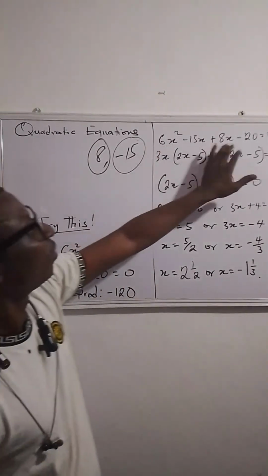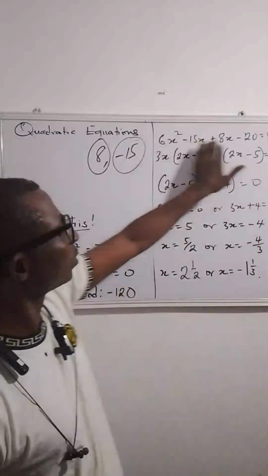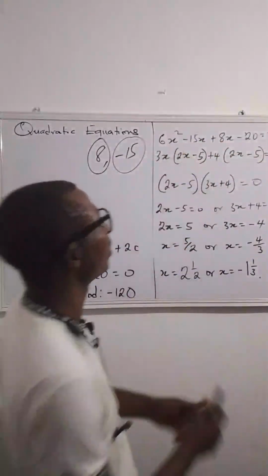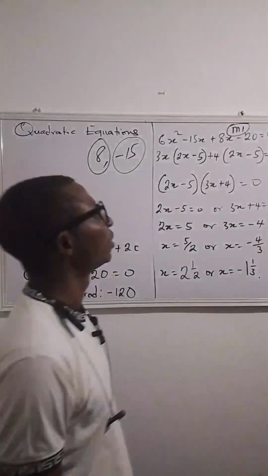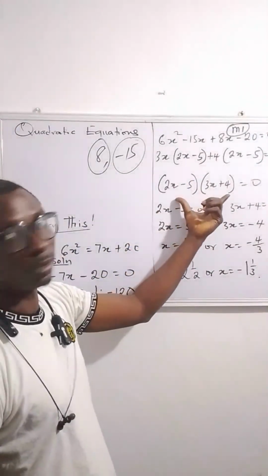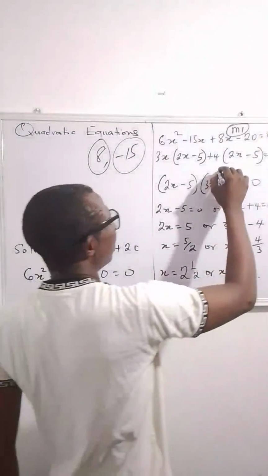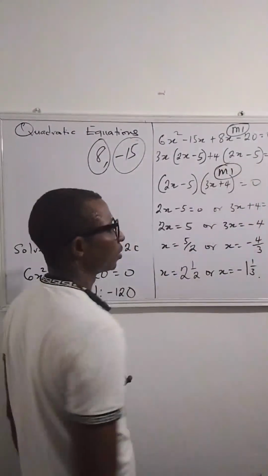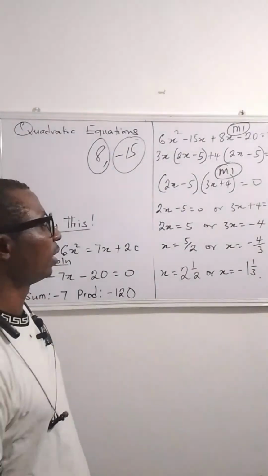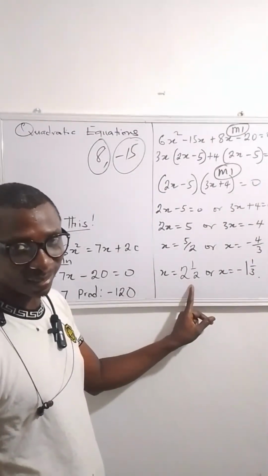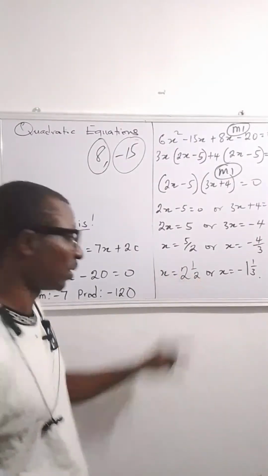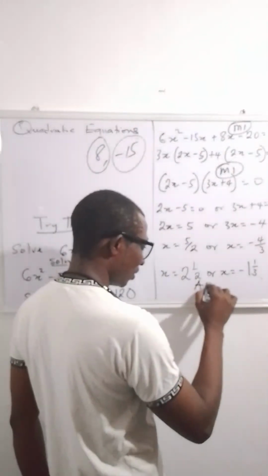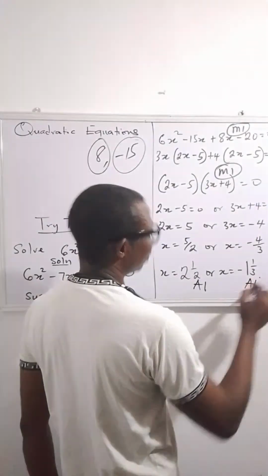For writing this expression at the left hand side here, we have a method mark. For factorizing to this level, we have another method mark. For getting the correct answer, this and not this, you have A1, A1.